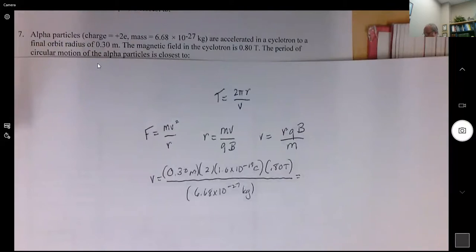It's like exceeding the speed of light, which kind of bugs me. Okay, 0.3 times 2 times 1.6 times 10 to the negative 19th times 0.8. My numbers are looking better already.